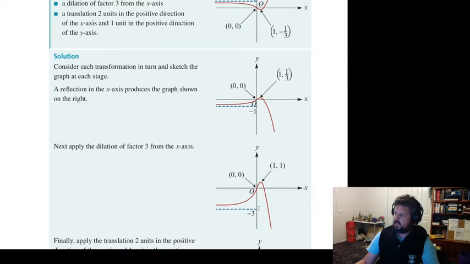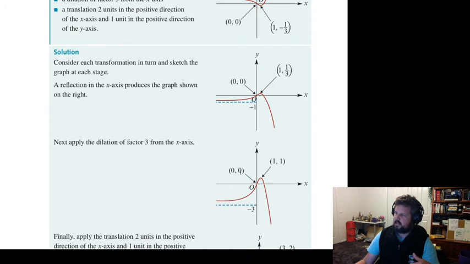So again, here you can see at 0, 0, adding on 2 to the x coordinate, that becomes 2, adding on 1 to the y coordinate becomes 1. Same difference here, adding on 2, adding on 1. Don't forget the asymptote, that's at negative 3. Adding on 1 to the y coordinate, the negative 3 becomes negative 2.